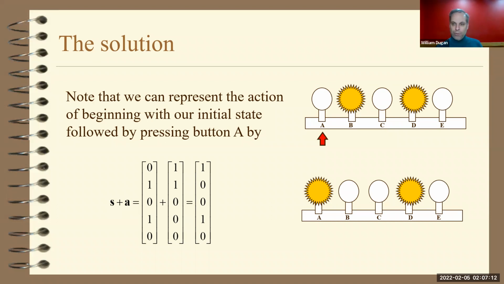Because when you add those 2 vectors together, remember you're doing everything modulo 2, the vectors add together, but anytime you have 1 plus 1, there is no 2. That would be 0. So the vector sum actually does give you the correct light status. That means we can represent pushing buttons by just adding vectors. That's great.